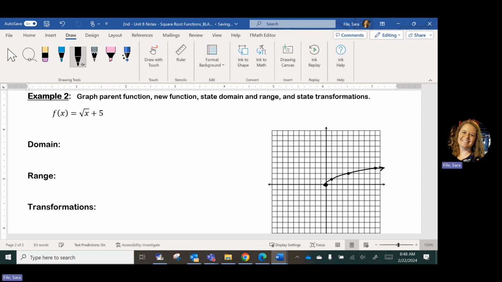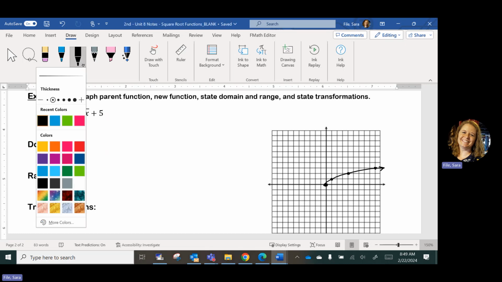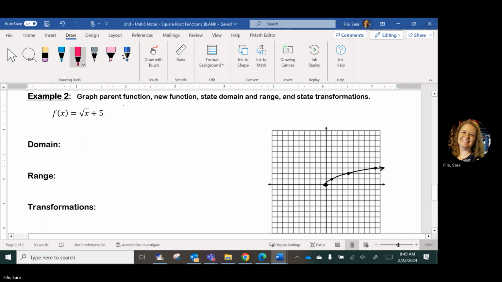Now I'm going to identify A, H, and K in my equation so I can figure out my transformations. So what is A here? There's something multiplied in front of the square root. It's an understood 1. So that tells me no reflection because it's still positive and no stretch or compression. Okay, so no transformation based on A.